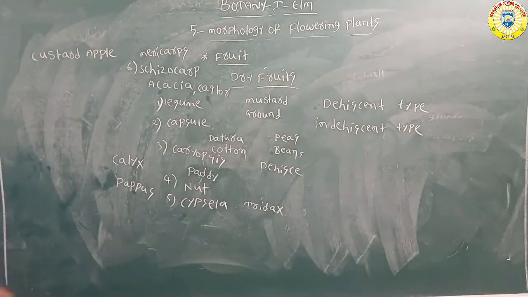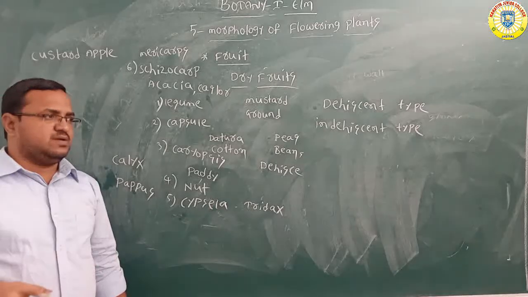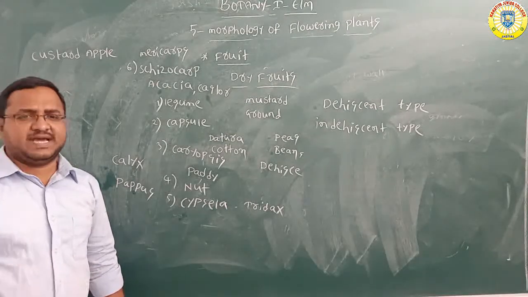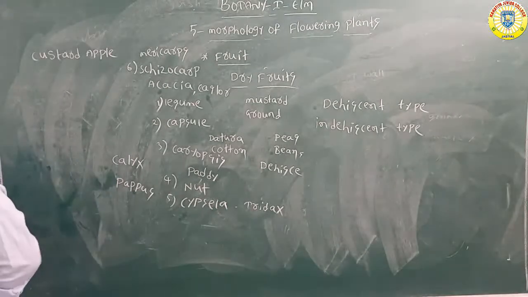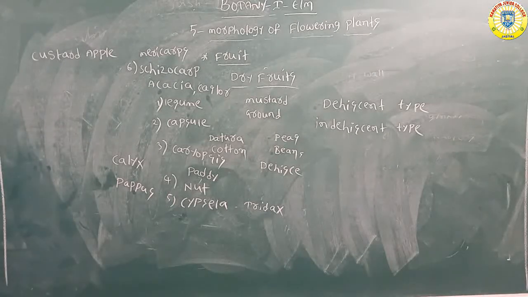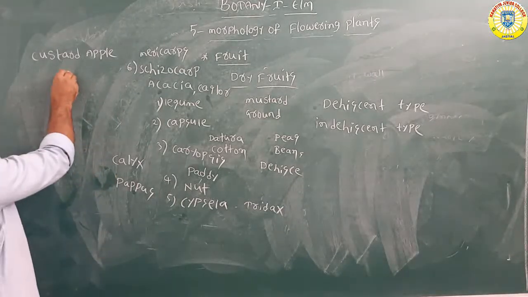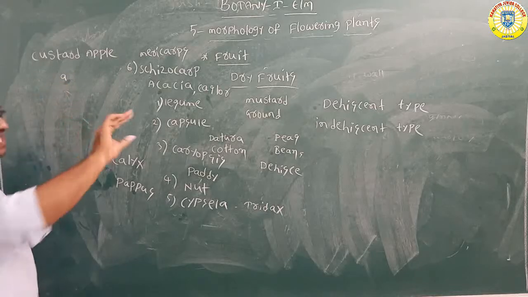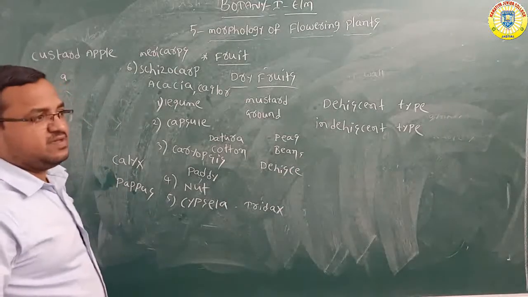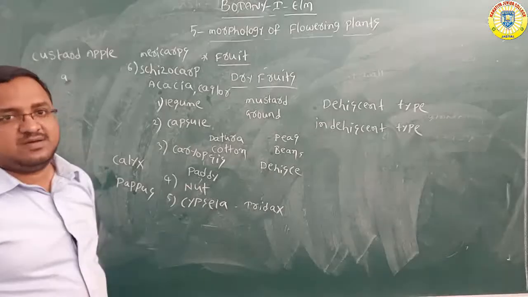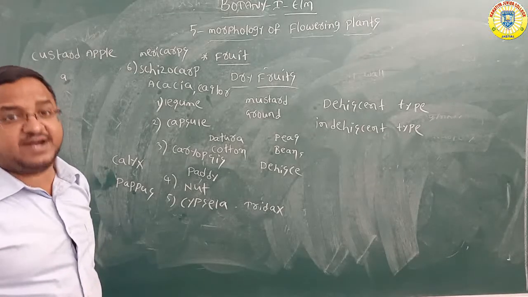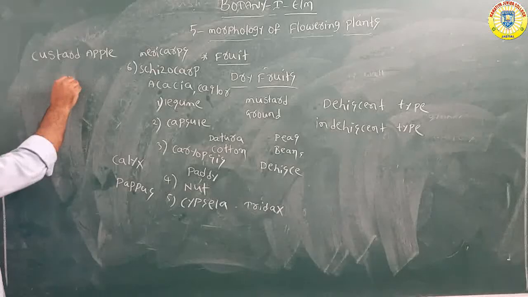In custard apple, the fruit is developed from a multicarpellary gynoecium. The carpels are many and the carpels are free, not fused, not united. Many carpels are there, these carpels are not united. So that is called apocarpous.